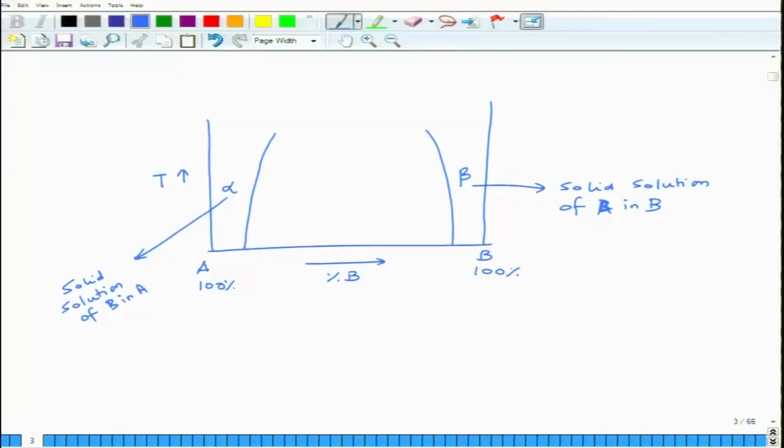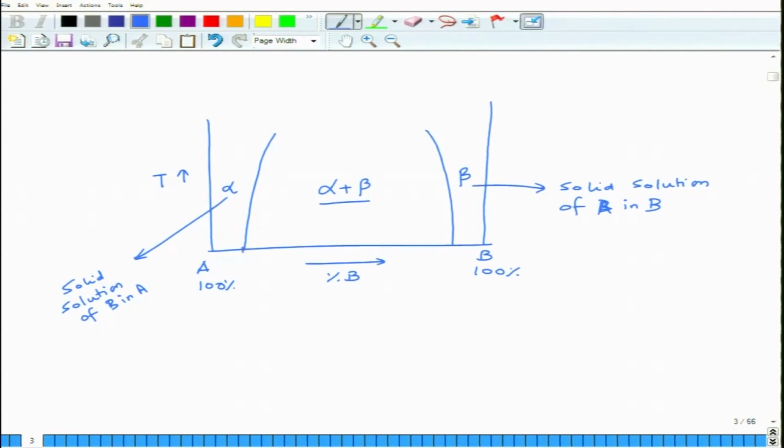Between these two, it gives a mixture of alpha and beta. This is one simple example. There are more complicated examples where some other phases may form, but this is one simple example of where solid solubility is limited.